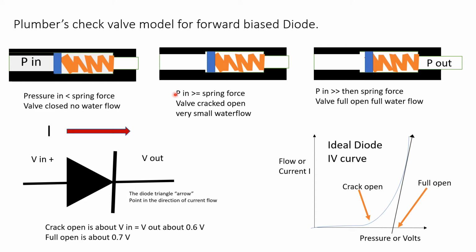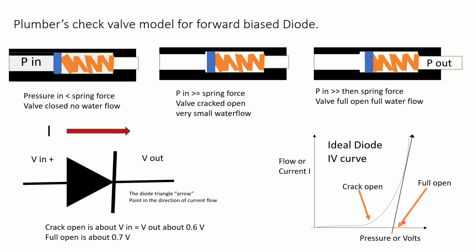In this case, the pressure in is just equal to the spring force, and it just starts partially opening. Okay, and we get very little water flow out. In this case, the pressure in is significantly high enough that we can get full flow limited by the diameter of the exit tube.